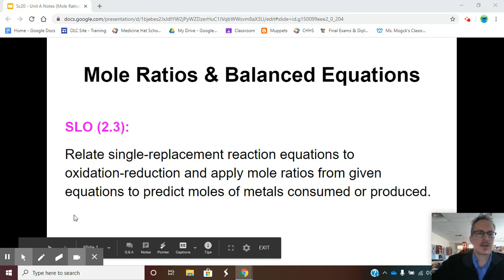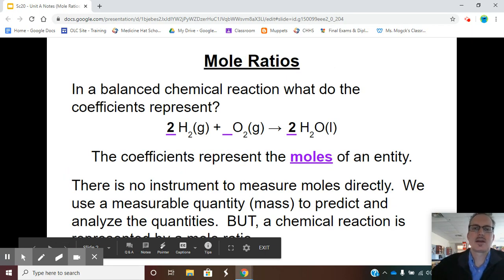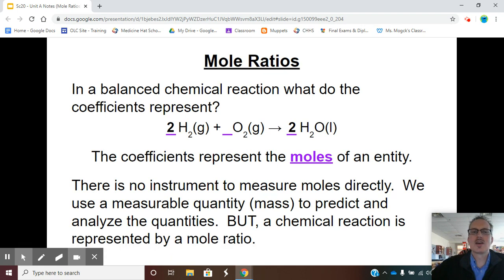So we're going to go ahead one slide. Now, the biggest question I get after yesterday's lesson on balancing chemical reactions is, what is the point of those balancing numbers? What do those coefficients actually mean? Well, those coefficients are very, very important. Those coefficients, these numbers out in front, let us know how many moles of that substance, that entity, we actually have.